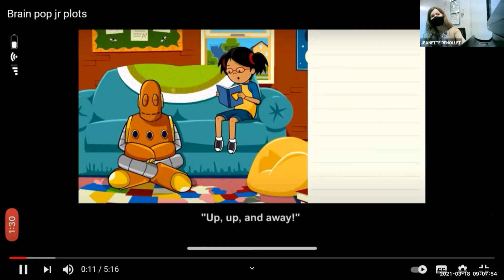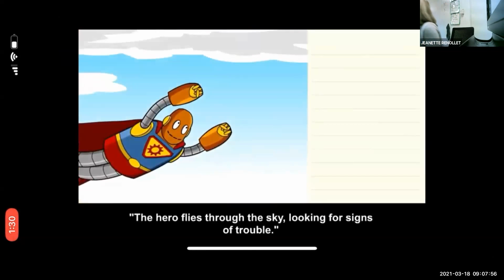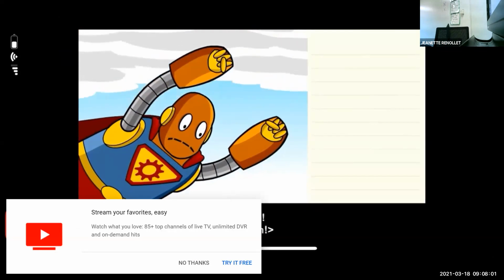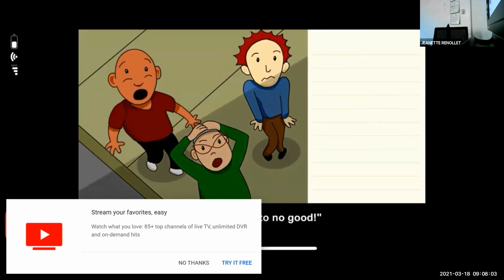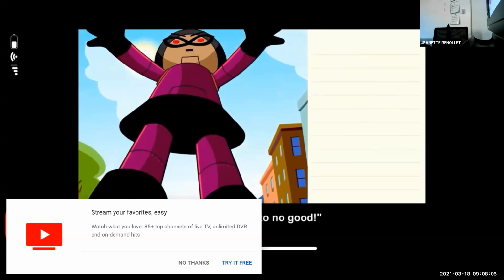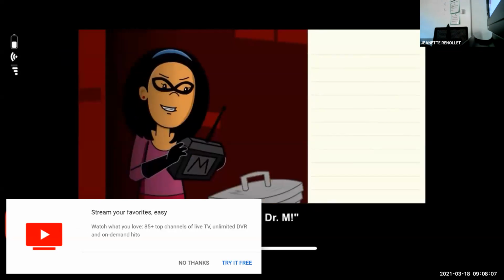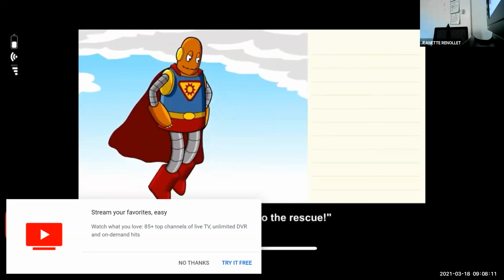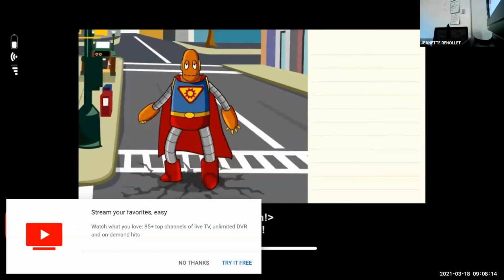Up, up, and away! The hero flies through the sky looking for signs of trouble. Oh no! Someone's up to no good. It's the evil Dr. M. The hero comes to the rescue.